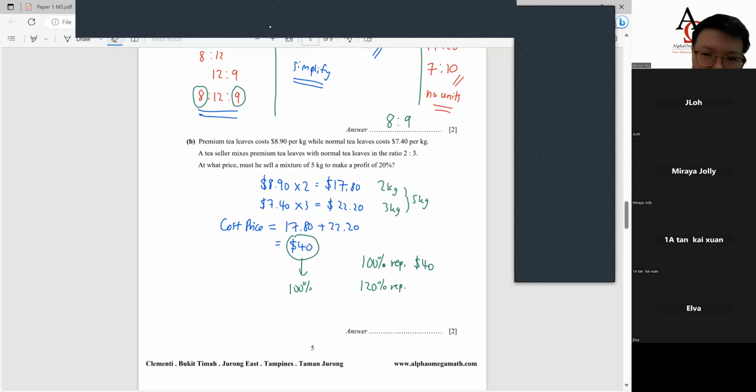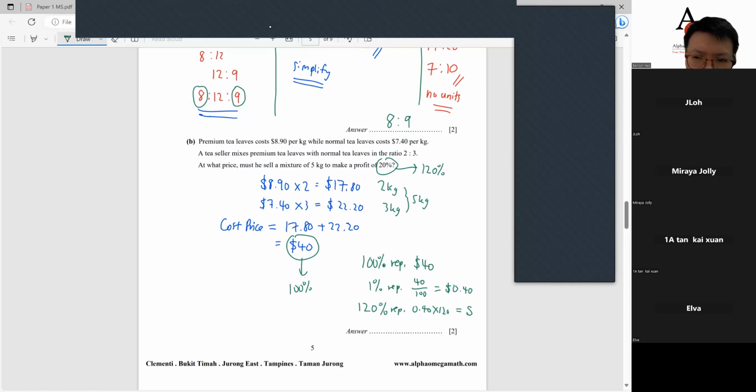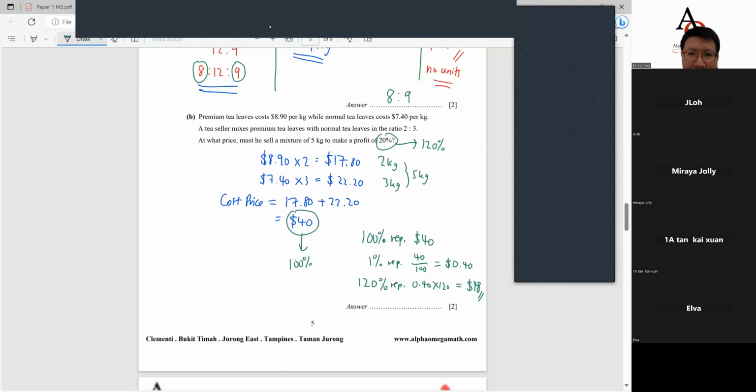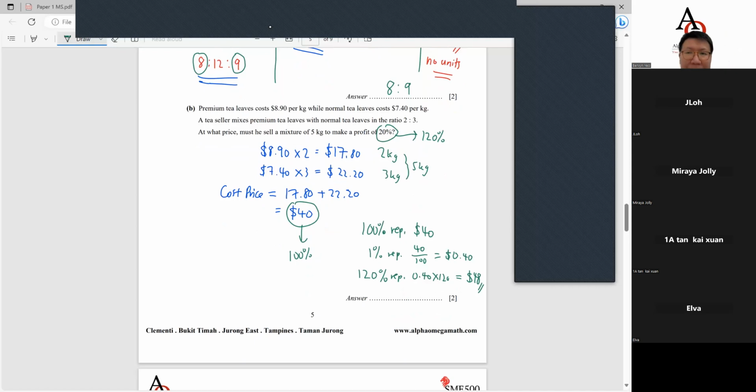Okay, or maybe I do it step by step in case you're not sure where I got this from. 1% will represent 40 divided by 100. Okay, and profit of 20% means I'm looking for 120%. So 120% represents this times 120, which is $48.